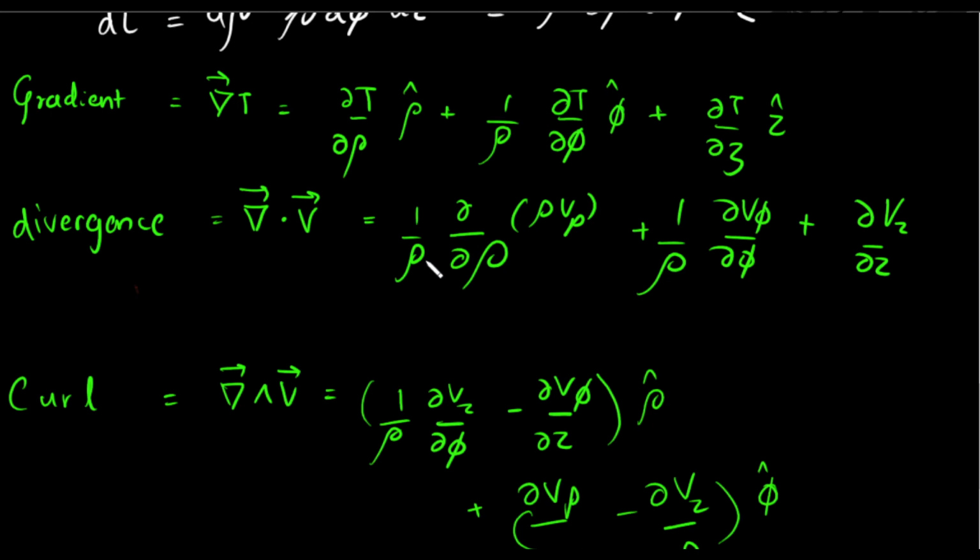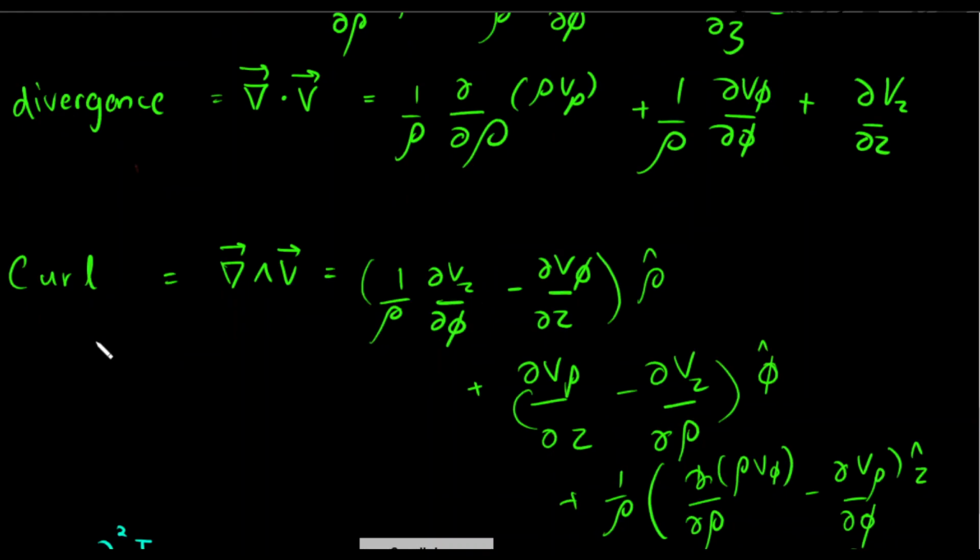That is equal to 1 over rho partial differentiation of rho v rho with respect to rho, plus 1 over rho partial differentiation of v chi, the vector component along chi, with respect to chi, plus the partial differentiation of the vector component along the z direction with respect to z. So this is going to be a scalar.